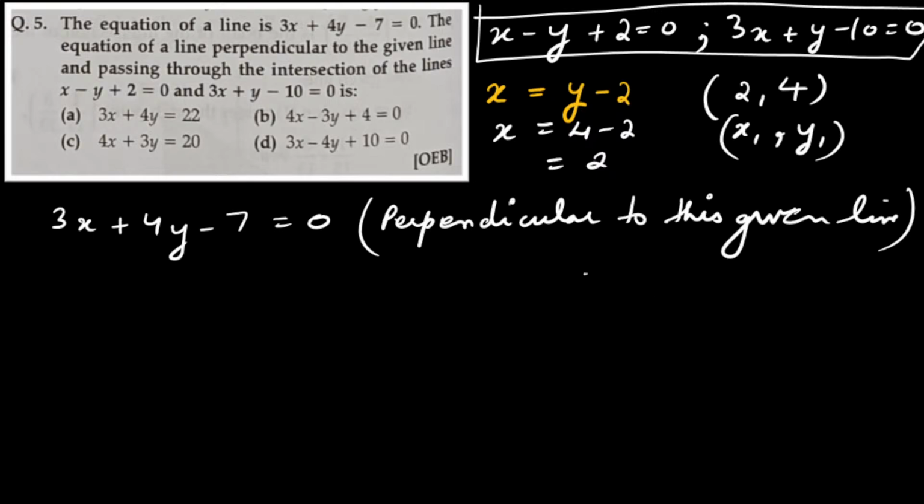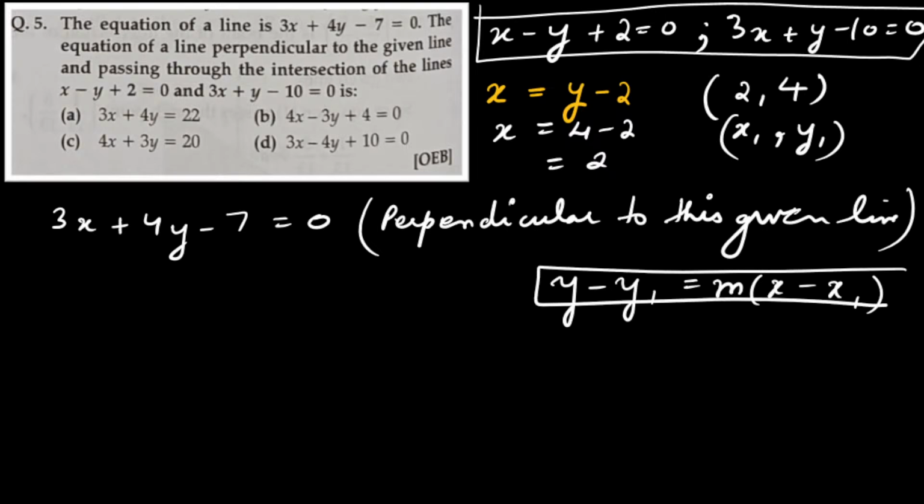The point form of the equation is y minus y1 is equals to m into (x minus x1). So now we have to find the slope also, because here we need coordinates as well as slope. So how will we find the slope? Can anyone tell me how we can find the slope?